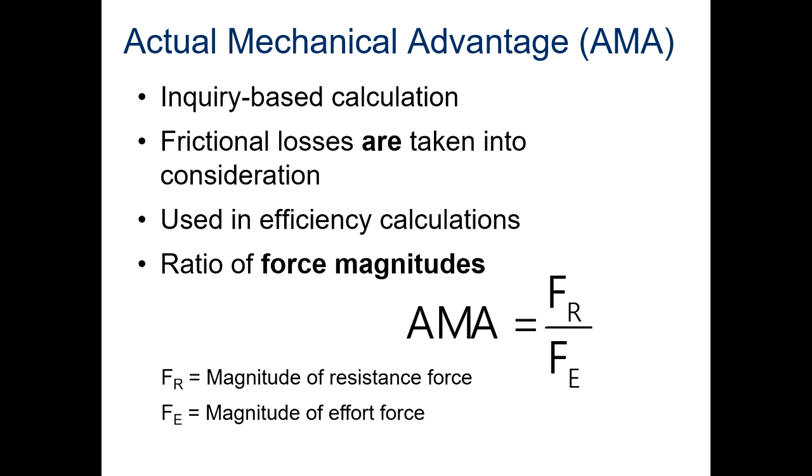Then the actual mechanical advantage, we get that by measuring. So we know exactly what our applied force is, exactly what our resistance force is, and that's going to give us our actual mechanical advantage. But we do have to measure that. That's not something we can get theoretically.